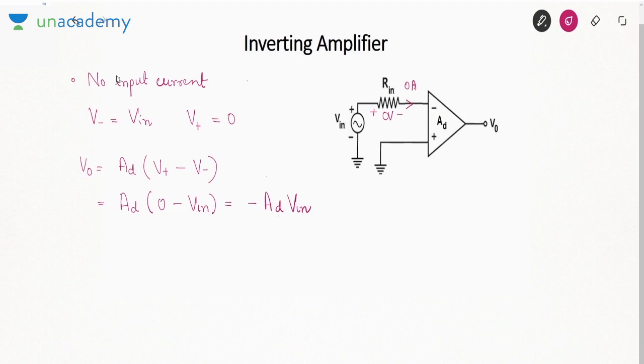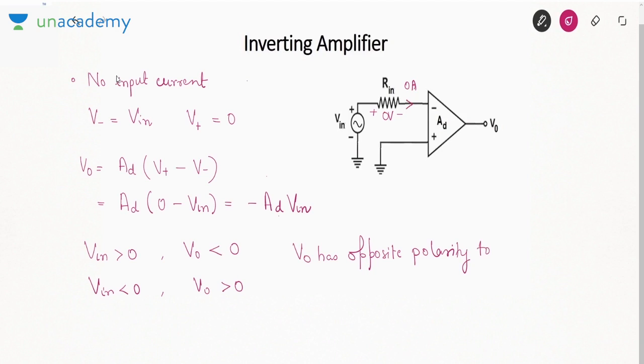Now if you see, if Vin is positive, V0 is negative. If Vin is negative, due to the minus sign, V0 will be positive. So V0 has opposite polarity to Vin, which means it has 180 degree phase shift.